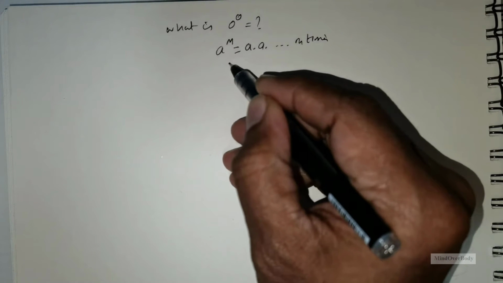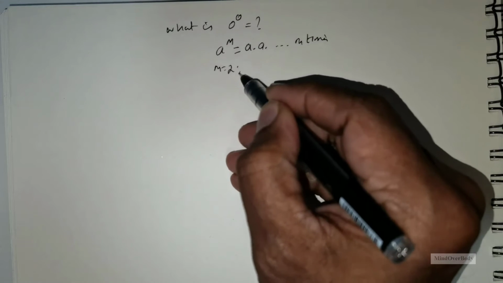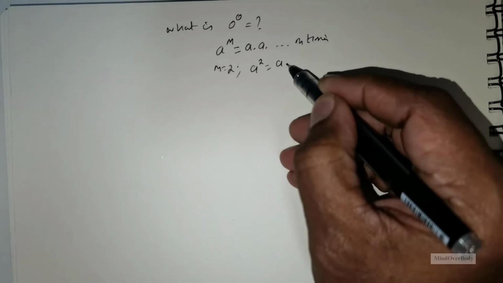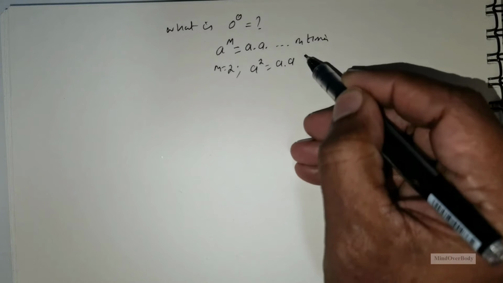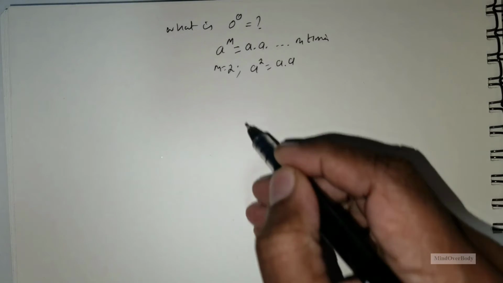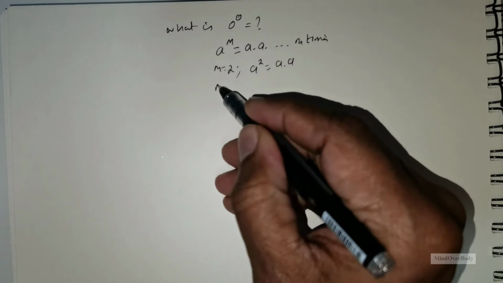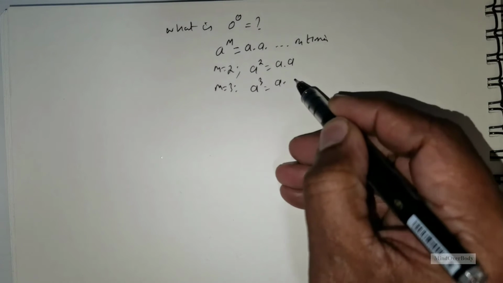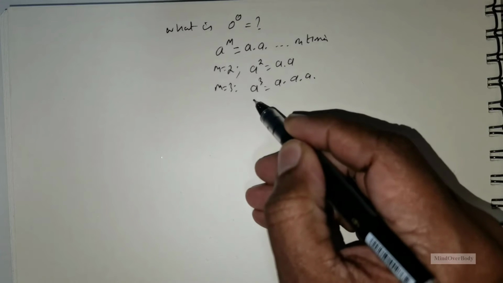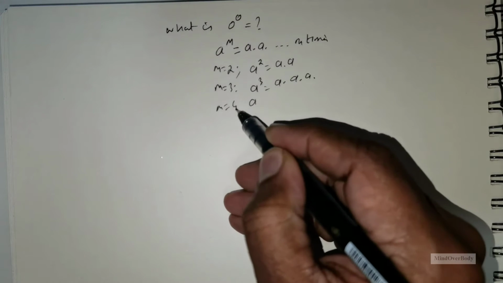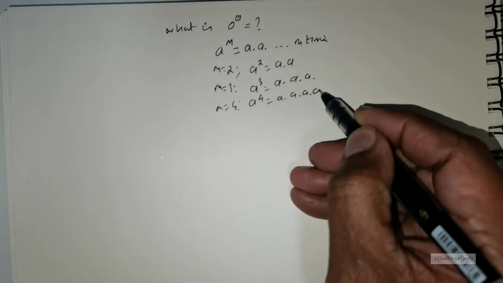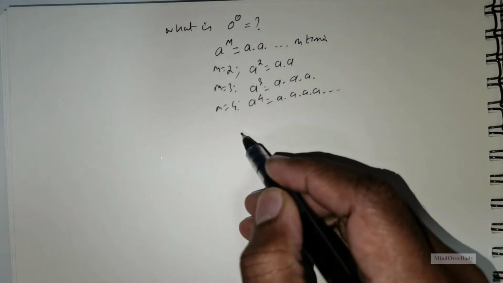When m is equal to 2, the understanding is you have a being multiplied twice, so that is the reason you get a squared. When m is equal to 3, a is multiplied 3 times. And when m is equal to 4, a is multiplied 4 times, and so on and so forth.